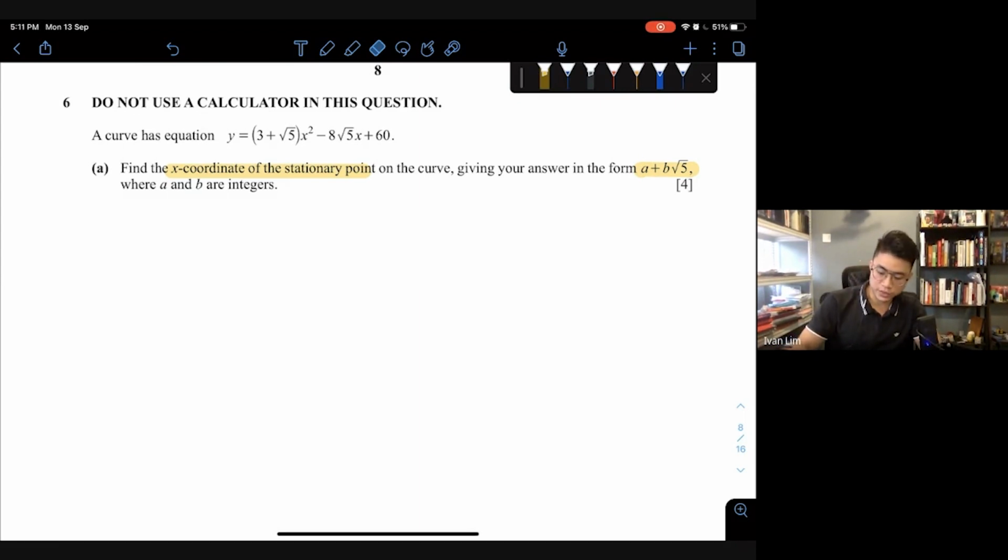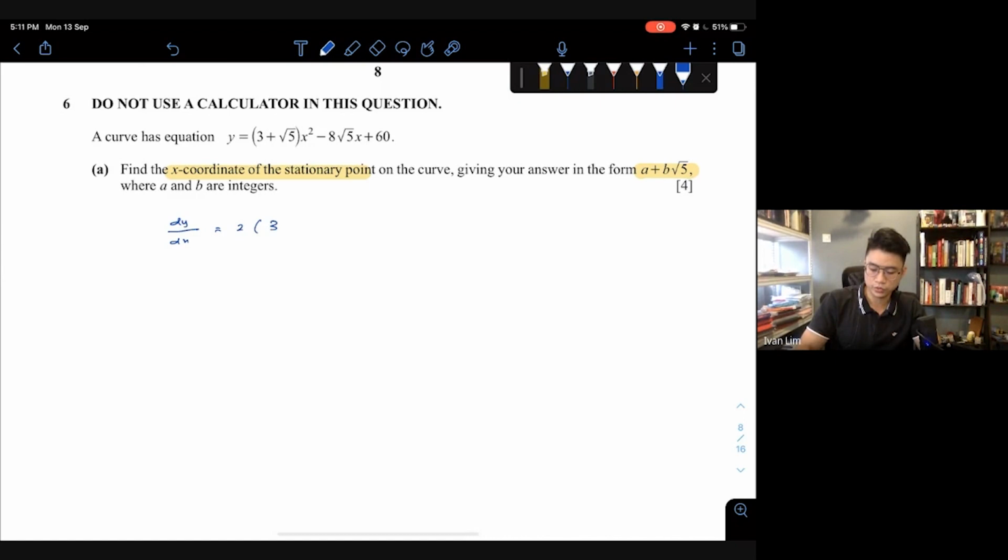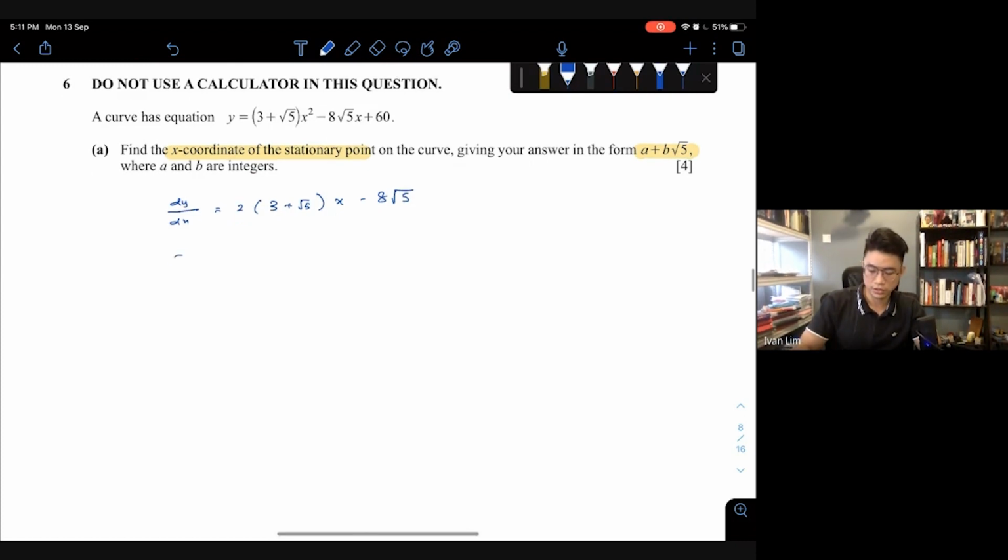Okay, so let's find what dy over dx is first. Dy over dx equals, we just need to differentiate the x squared. So 2 times (3 plus surd 5) x minus 8 surd 5. The plus 60 disappears when differentiated. Okay, so dy over dx equals 0.